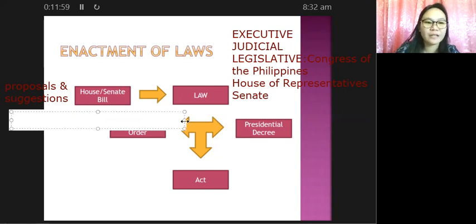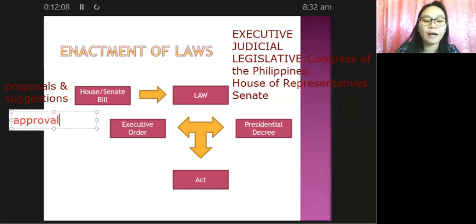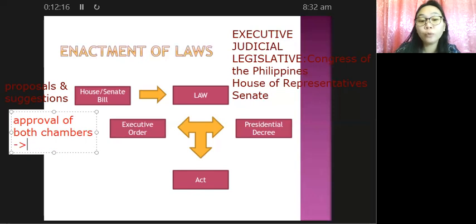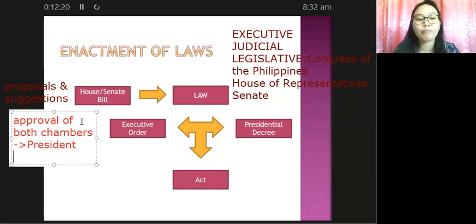So again, the bill needs approval of both chambers, and after which it will be passed on to the president. The president can make several actions on a particular proposed law.